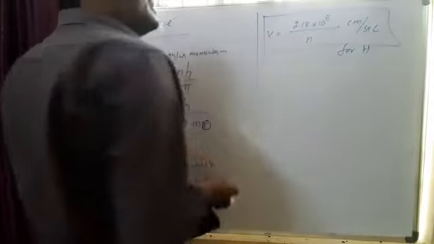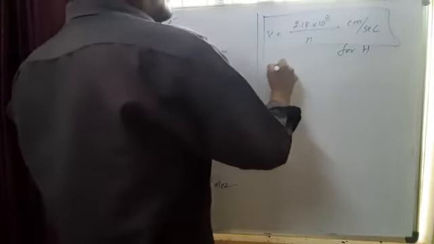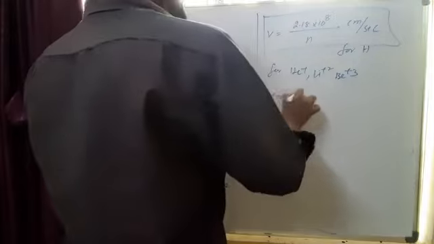This is for the hydrogen atom. For helium plus, lithium plus 2 and beryllium plus 3, velocity equals 2.18 into 10 power 8 by n into Z centimeters per second.